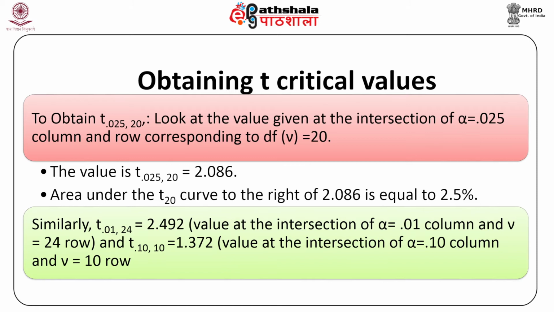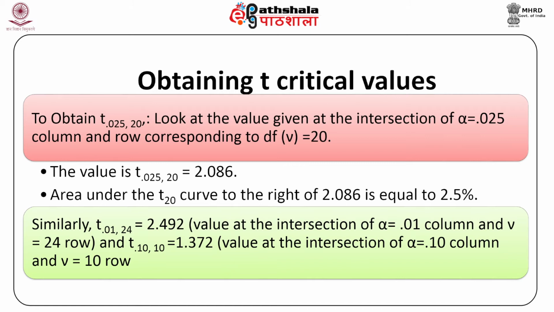You will find the corresponding values of row and column. The value is equal to 2.086, corresponding to 20 degrees of freedom and alpha equal to 0.025.